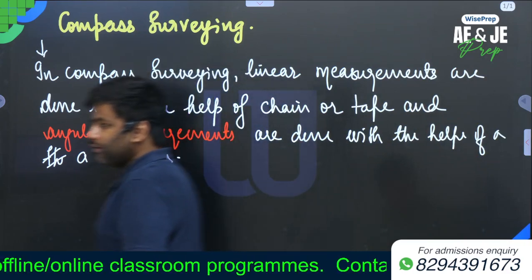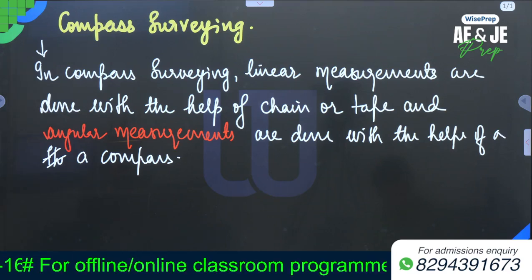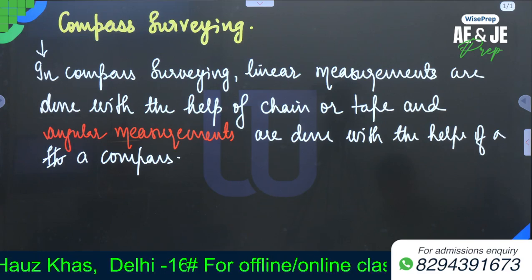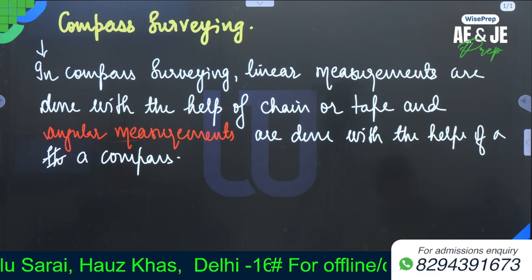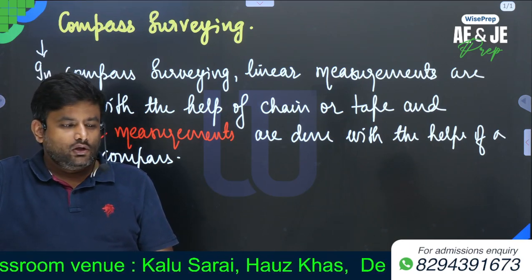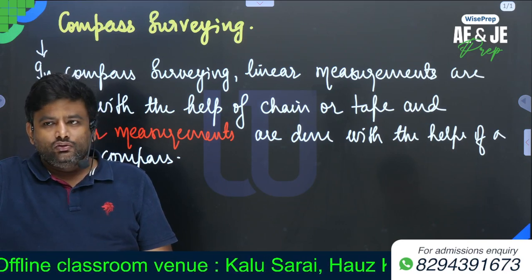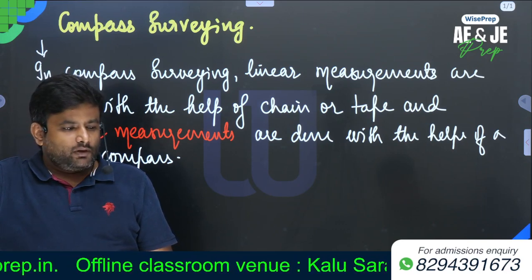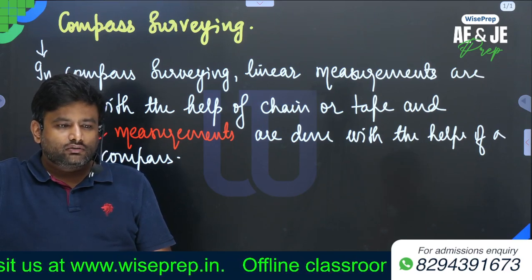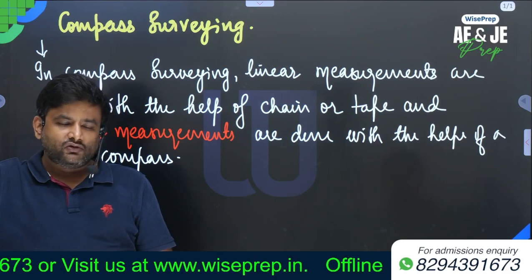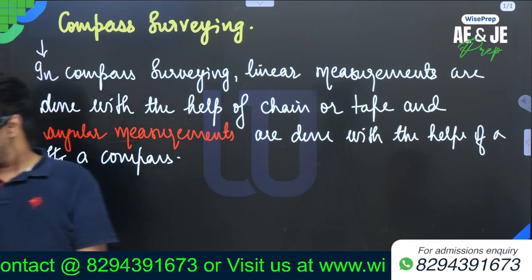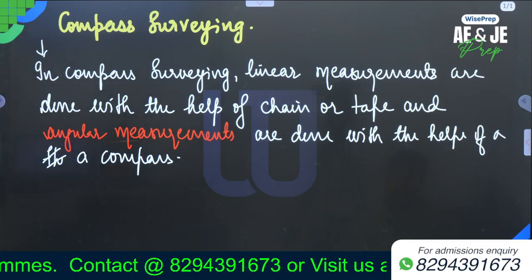Now write down instruments used for measuring linear measurements. Remember one more thing, chain or tape are the instruments used for linear measurements. Apart from that, we also use a tachometer.